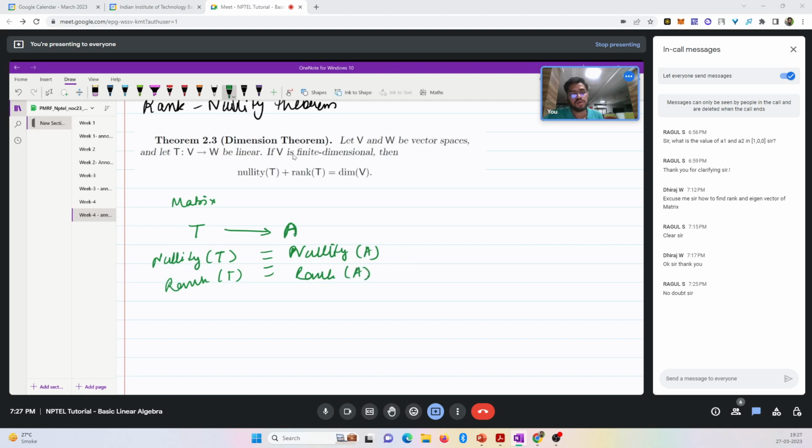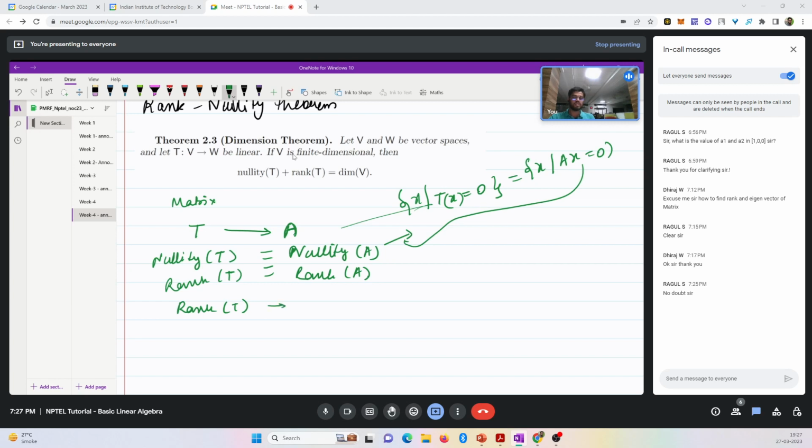Why is it so? Let's say we are looking at nullity. The null space of T consists of all x such that T of x is equal to 0. If we now write it in the form of matrix multiplication, it means all x such that Ax is equal to 0. And this is nothing but how we define the nullity of A for a matrix. So this is satisfied. Similarly, you can see what the rank of T is.